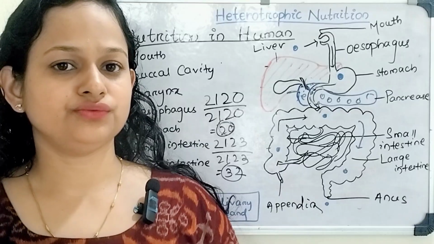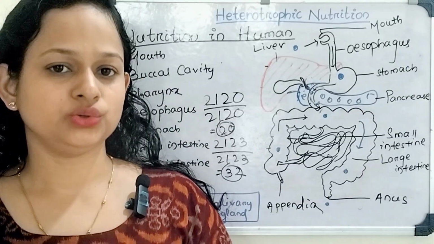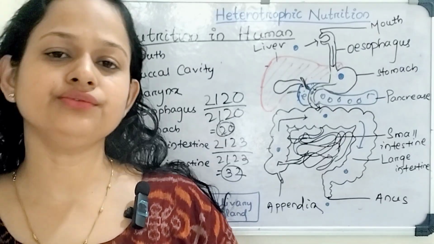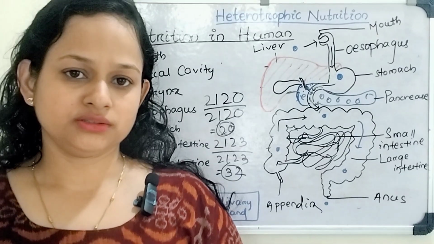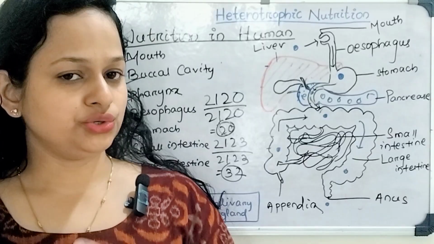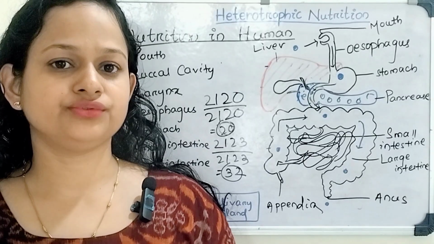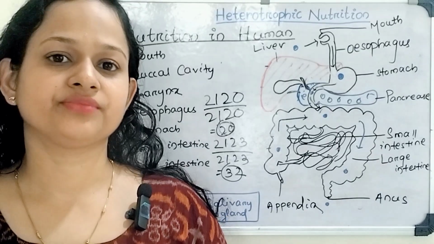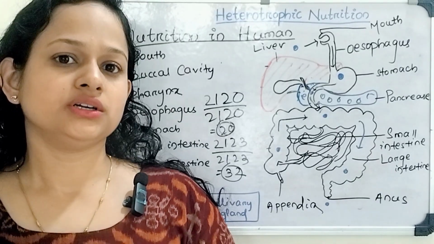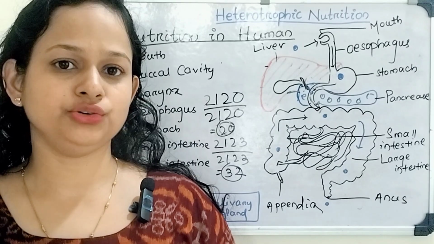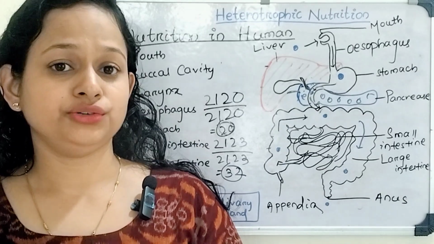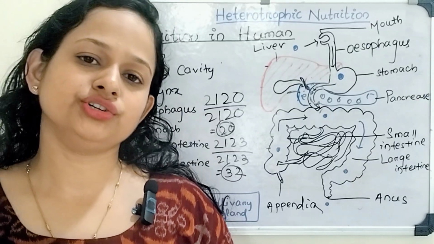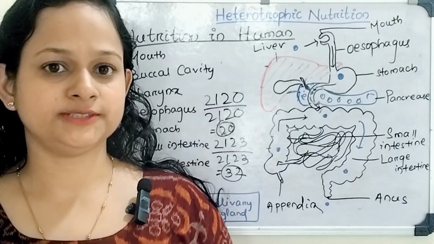So the excess amount of glucose which is present in the food will convert into glycogen, and it will be stored as carbohydrate in the liver, and the amino acids will be used for the formation of nitrogenous bases and nucleic acid for the cell, and the excess amount of fat will be stored as adipose tissue, and the rest will again convert into carbohydrate in the liver.